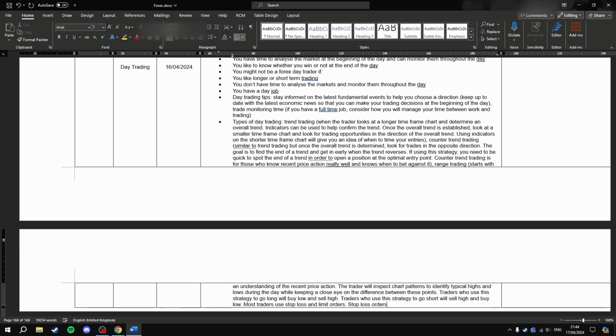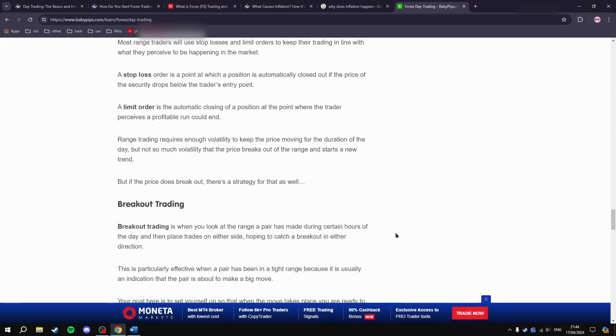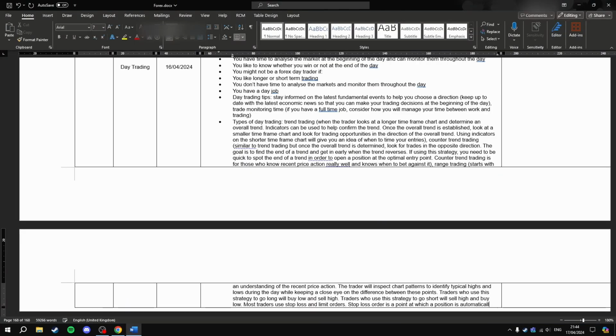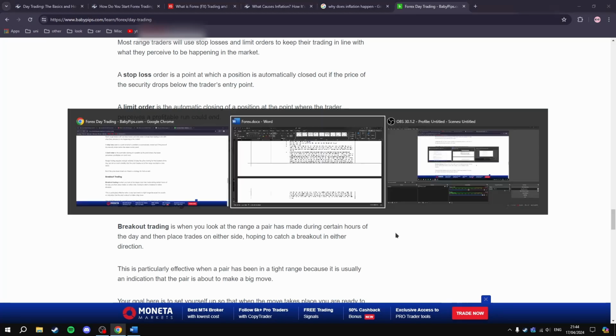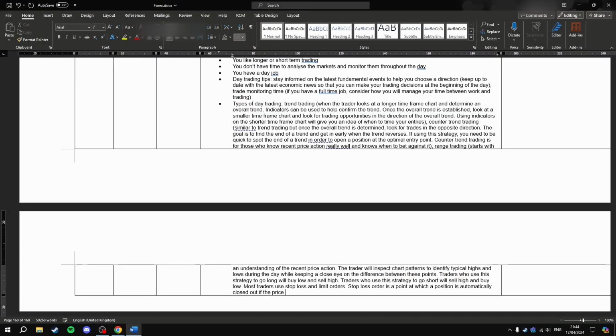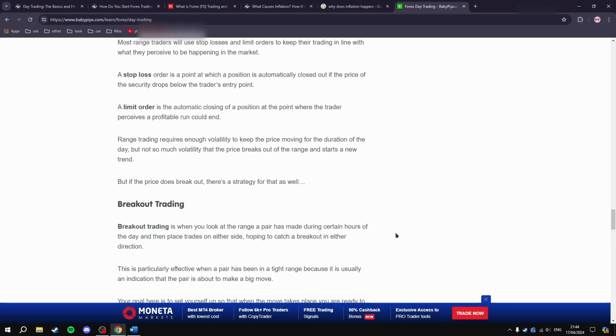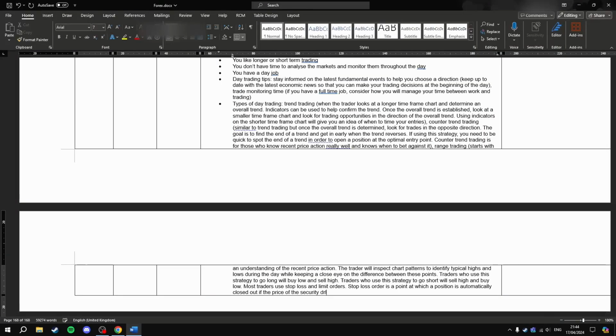A stop loss order is a point at which a position is automatically closed out if the price of the security, which in this case is the currency pair, drops below the trader's entry point.